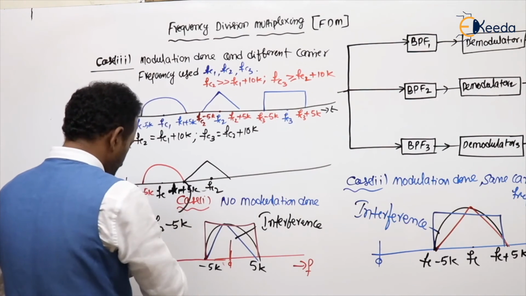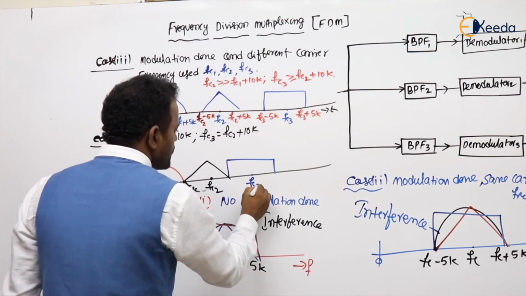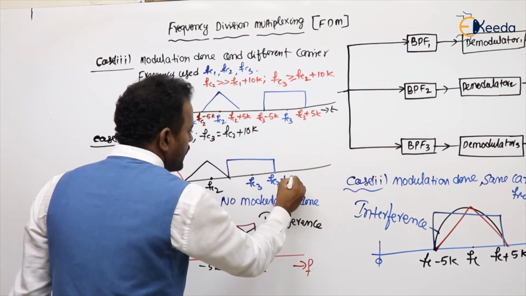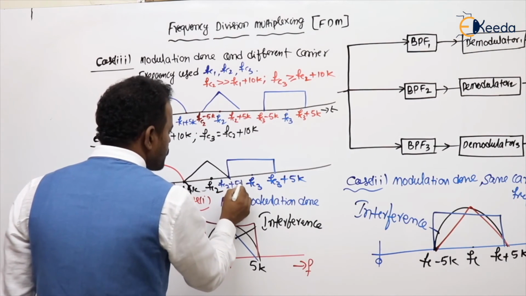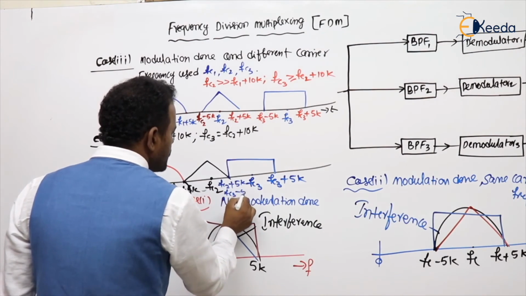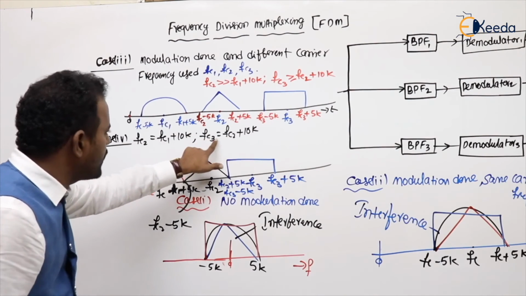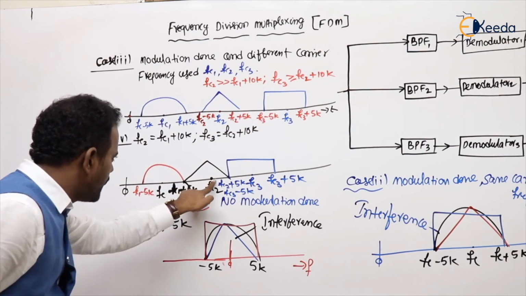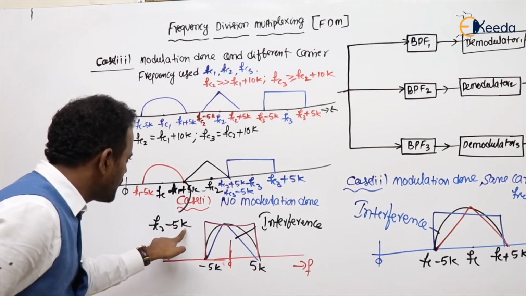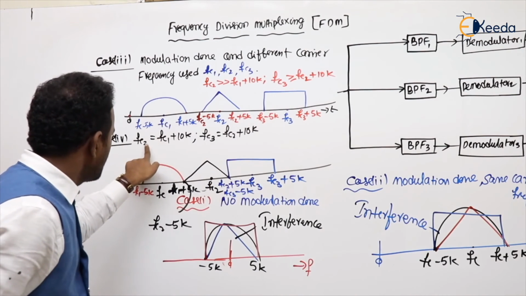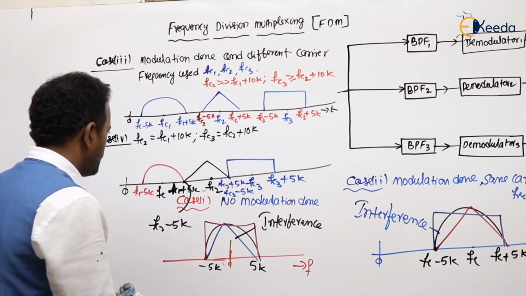Next, this is FC3, FC3 plus 5K, this point itself is, I can say, FC2 plus 5K as well as FC3 minus 5K also. If I am not giving any gap exactly, from here to here, up to here FC1 plus 5K, another 5K, because FC2 minus 5K to FC2 plus 5K, exactly FC2 is nothing but FC1 plus 10K. Up to here, that is nothing but FC1.